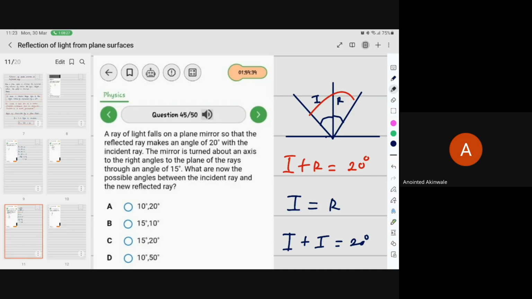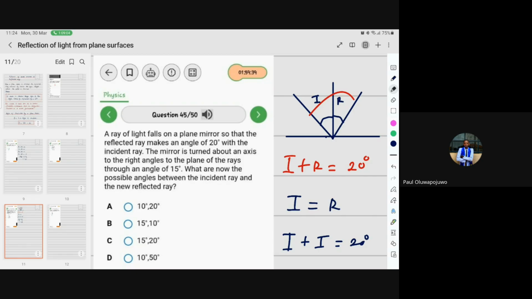Okay, Paul, your hands are up. Can you go ahead now, Paul? Sir, from the question, you're saying the possible angle between incident ray and reflected ray. I think the reason why we have two angles is because it's either rotated clockwise or anti-clockwise. If it's rotated either clockwise or anti-clockwise, the angle of rotation will be less than the incident ray.